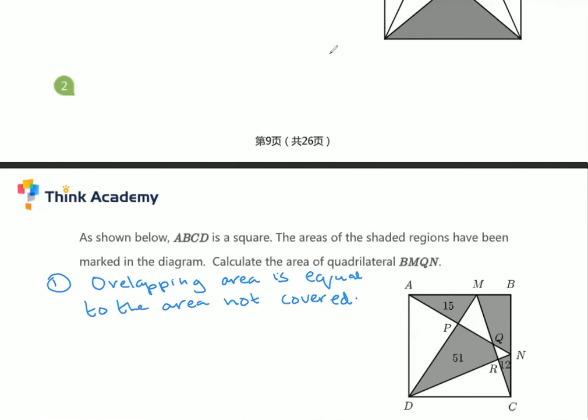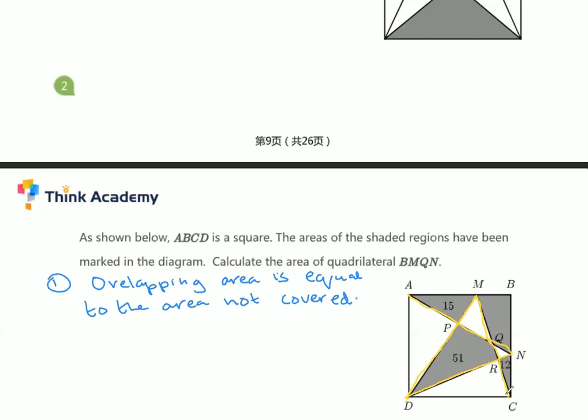And I'll do that in yellow so that you'll be able to see very easily and very clearly. Okay, so over here, we've got this triangle AND, okay, that is overlapping with DCM. Or DMC for that matter.